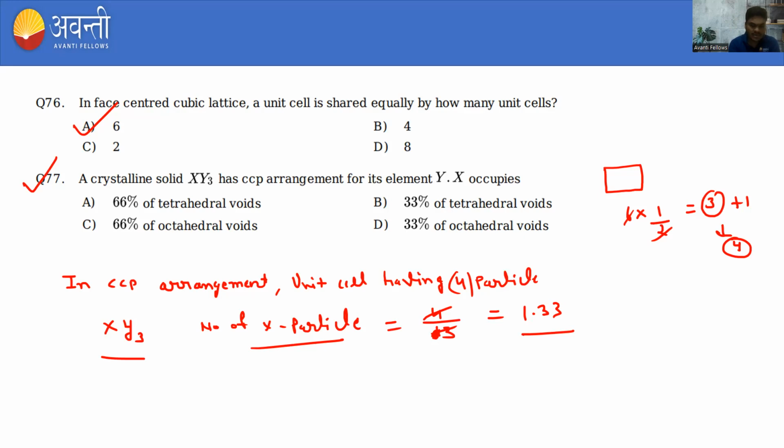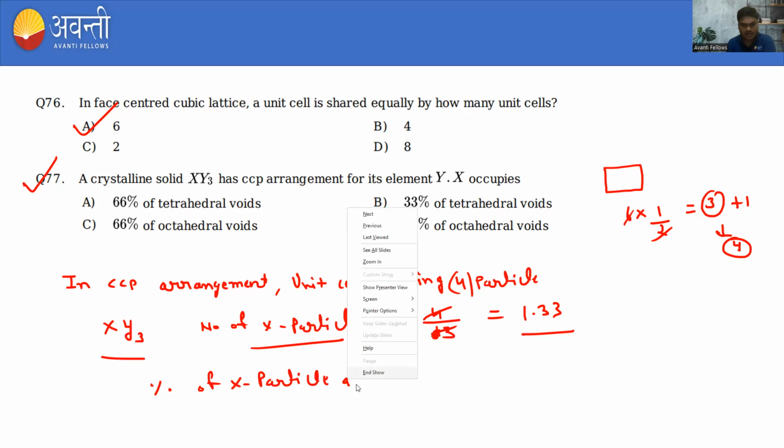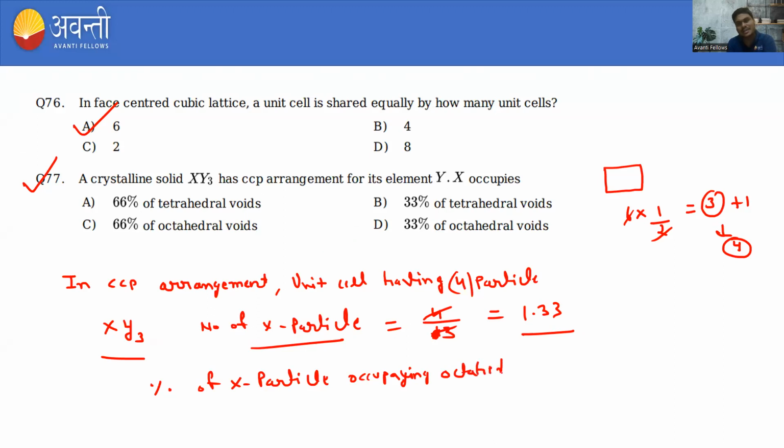Now in the CCP arrangement, how many octahedral sites are there? 4.